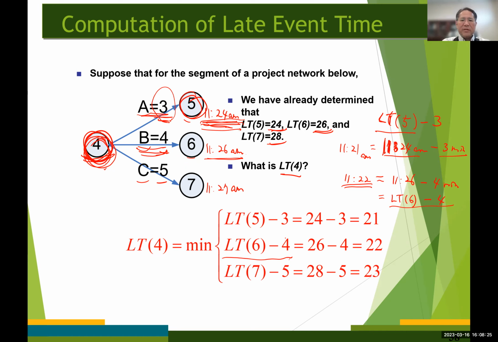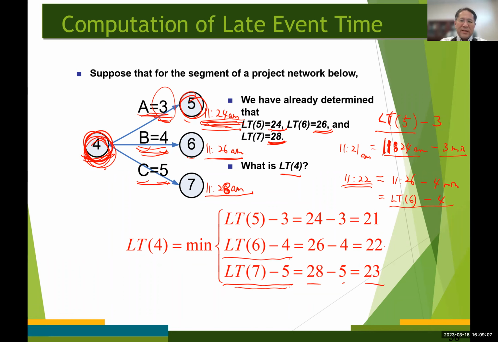Or if node number 4 occurs after this, which is from 11:27 minus 5 minutes. Actually, it's 11:28. Sorry, I copied the wrong number, so it's going to be 11:28. So 28 minus 5 becomes 23, right? Then the completion of the project will also be delayed.